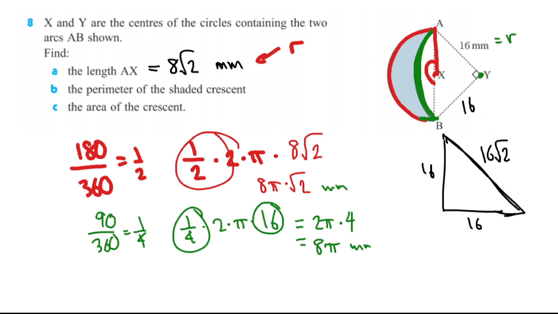So our total perimeter of the shaded crescent would be 8 pi times the square root of 2 plus 8 pi. Now, they very obviously have 8 pi as the greatest common factor, so I think you would often see the answer like this.